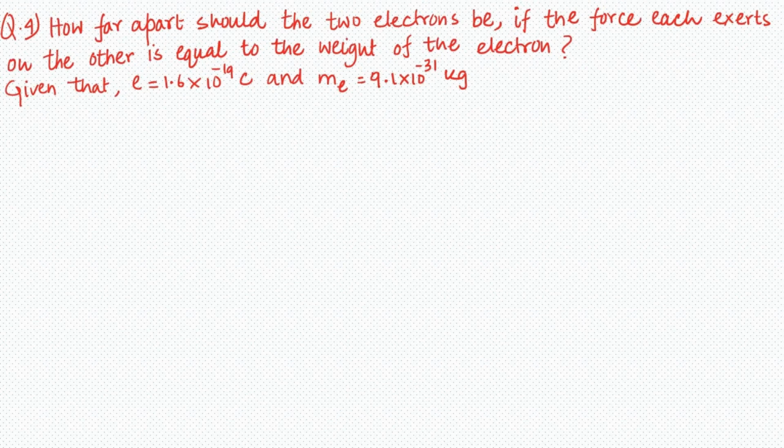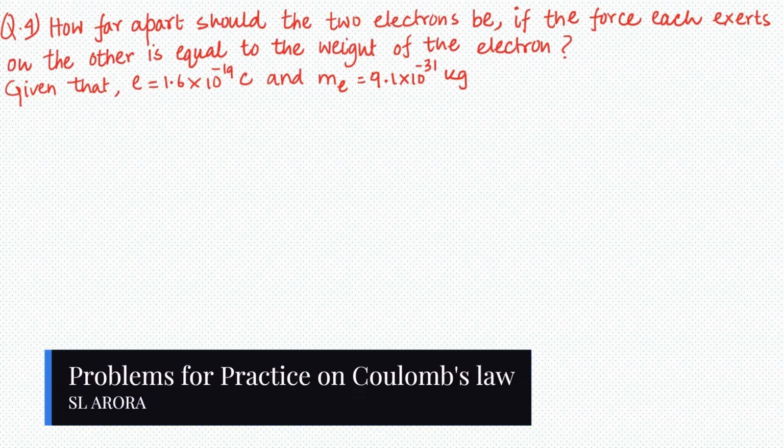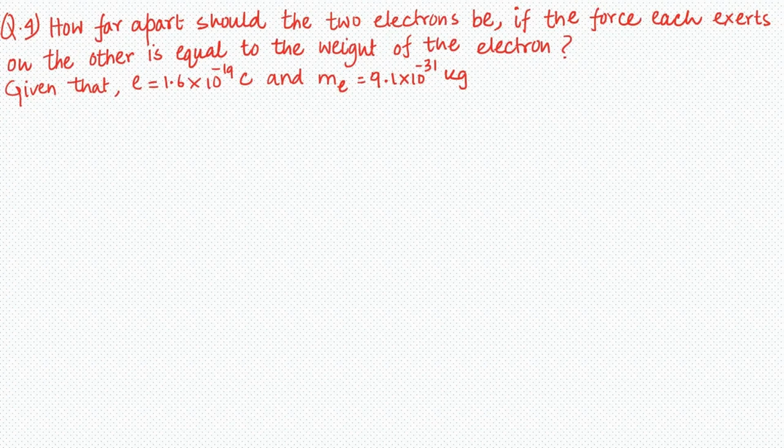Question number 4. How far apart should two electrons be if the force each exerts on the other is equal to the weight of the electron, given that e is 1.6 into 10 to the power minus 19 coulomb, and Me, that means mass of the electron, is 9.1 into 10 to the power minus 31 kg. So this question is quite similar to the third question. So again, the charge of the electron is given and the mass of the electron is given.